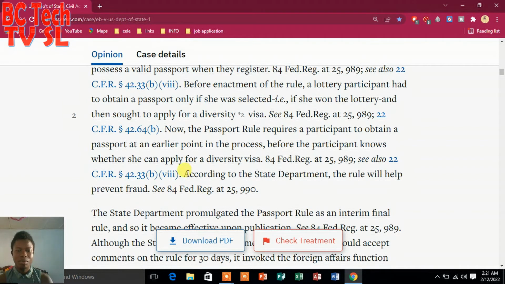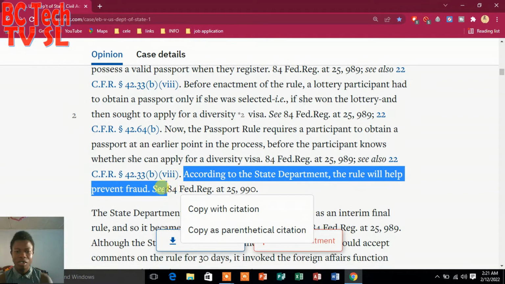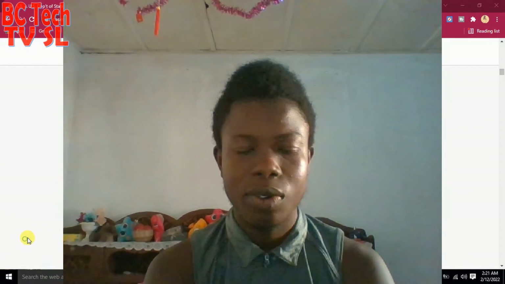According to the State Department, the rules will help prevent fraud.